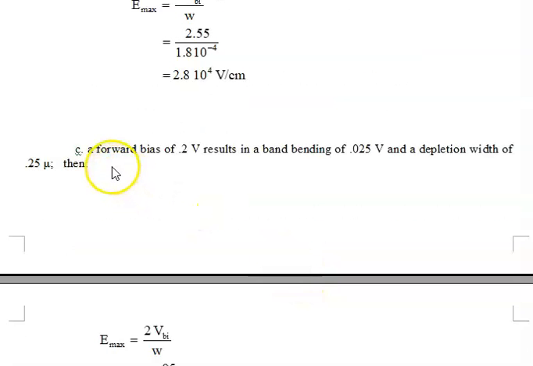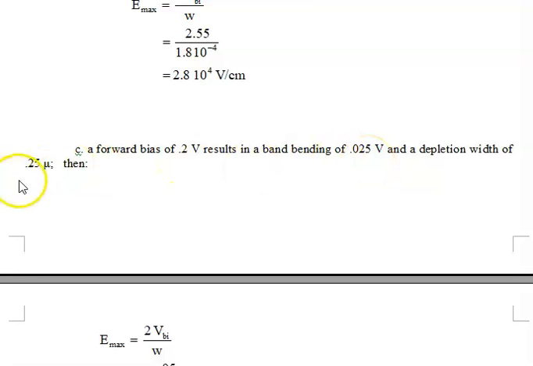Now let's look at a forward bias of 0.2 volts. And if we put that into our original expressions back in example 1, we find the band bending is only 0.025 volts, extremely small. Even though the forward bias is small, the band bending goes down quite a bit.